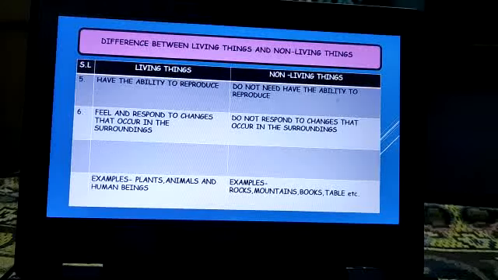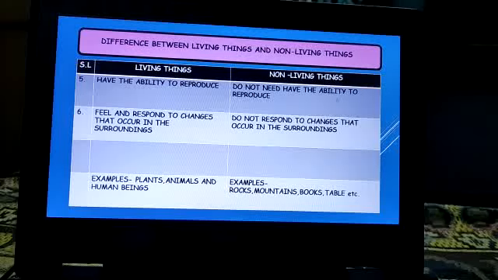Fifth, living things have the ability to reproduce while non-living things do not. Last point, living things feel and respond to changes. Whenever we feel, we always respond, isn't it? But non-living things do not respond to changes that occur in their surroundings as they don't have sense organs.